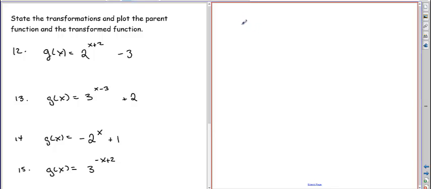The parent function in all of these cases is either 2 to the x or 3 to the x. So for 12, of course, it's 2 to the x. And we have two transformations. We have the exponent. Let's write this function out here.